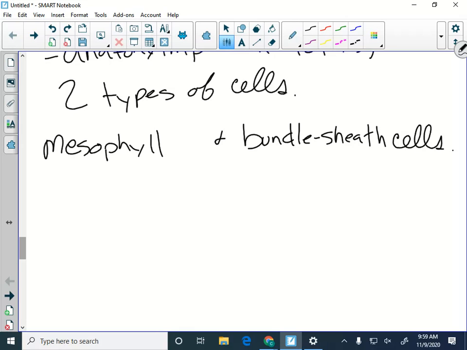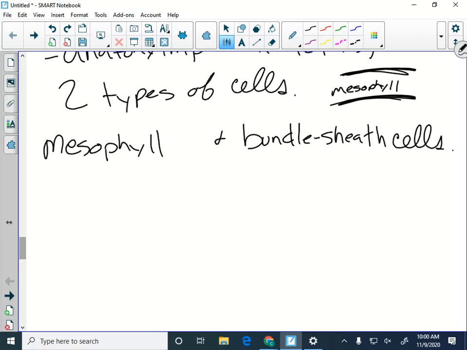So if you remember from our very first photosynthesis anatomy of a plant, mesophyll cells are like the guts of a leaf, right? So if we've got our leaf, we've got our outer layer of the leaf with our more protective cells and our mesophyll in here. And that's where the bulk of everything happens.